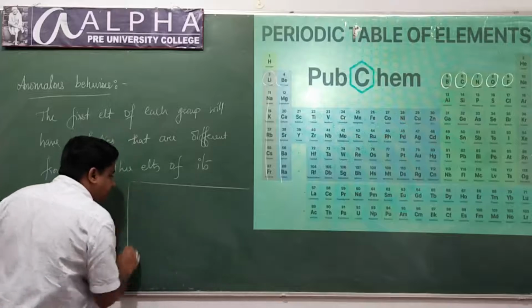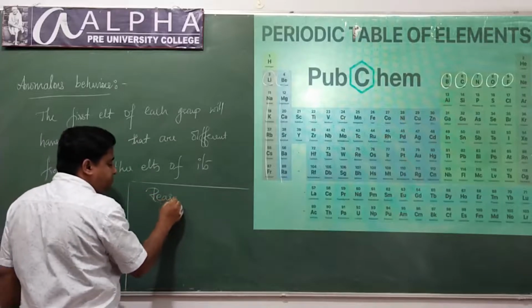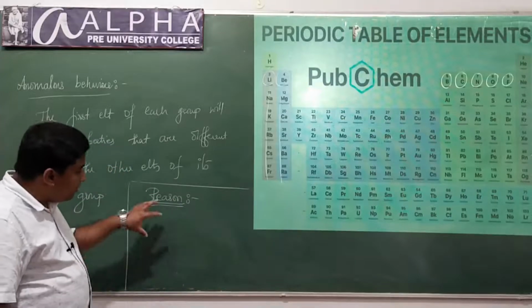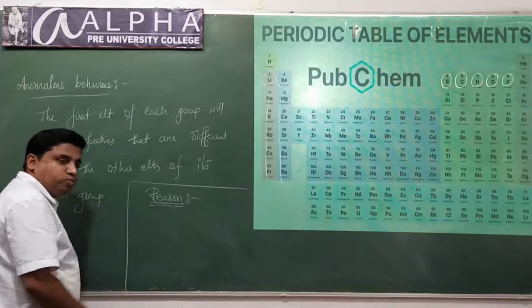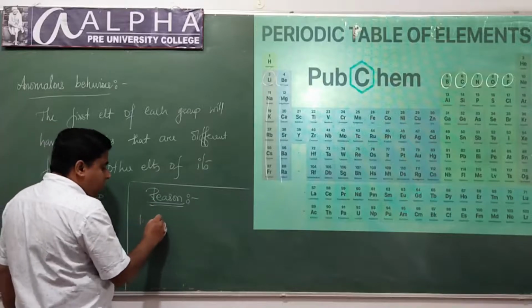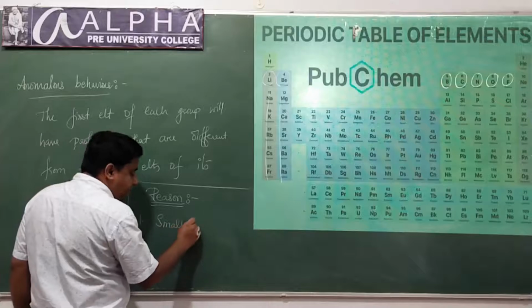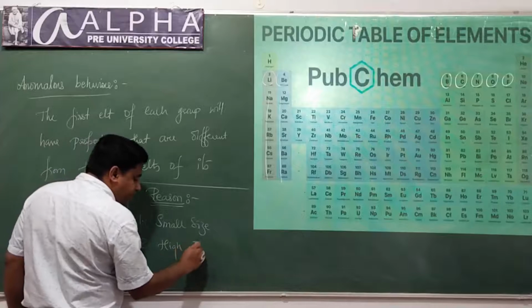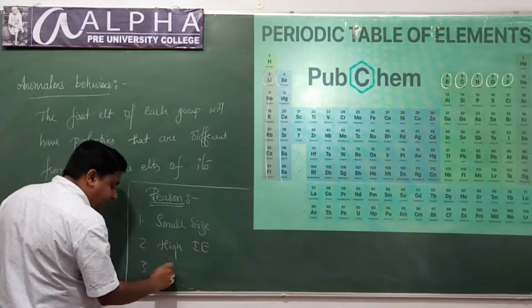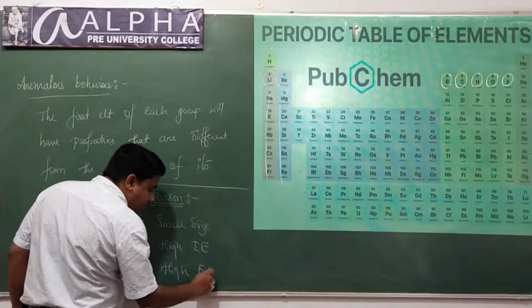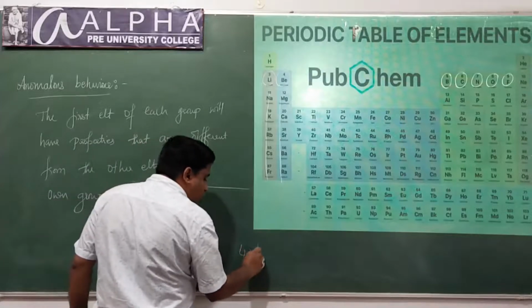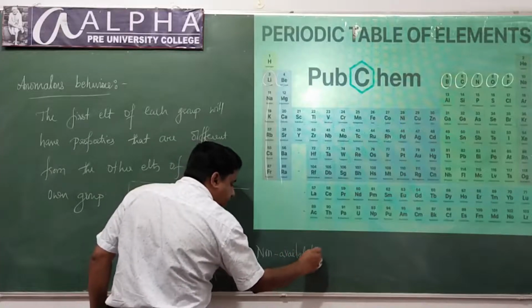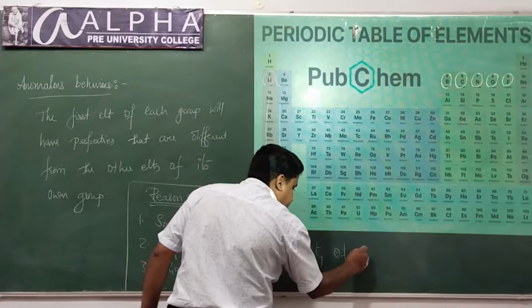The reasons are small size, high ionization enthalpy, high electron gain enthalpy, and non-availability of d orbitals.